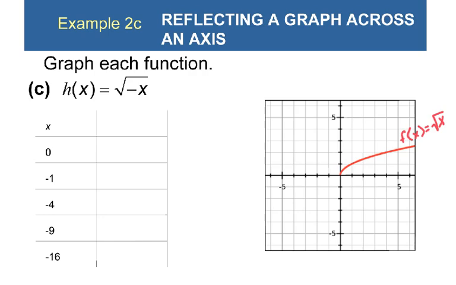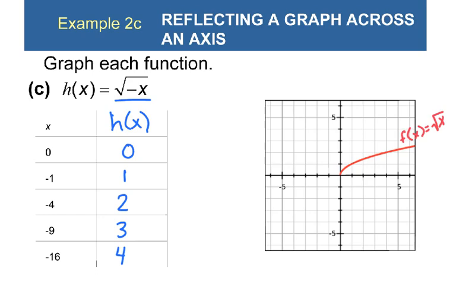So let's look at this function here, which is the square root of negative x. We're going to get 0. Square root of negative 1 is 1. And that's going to be 2. And that's going to be 3 and then 4.